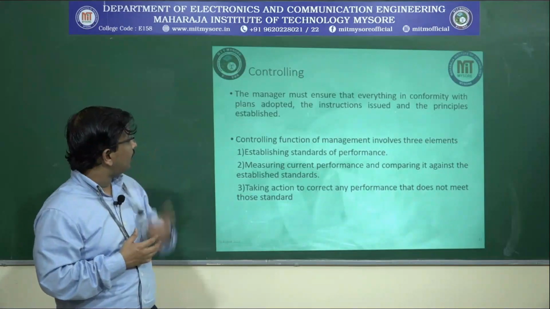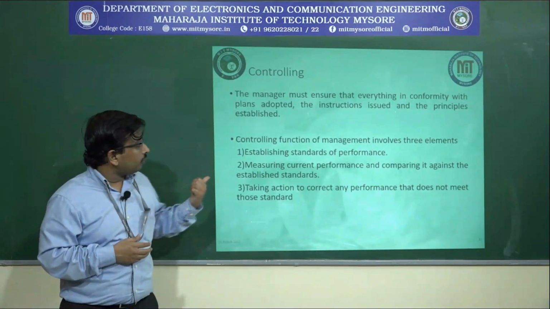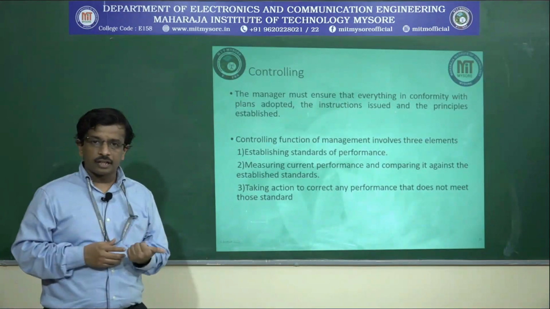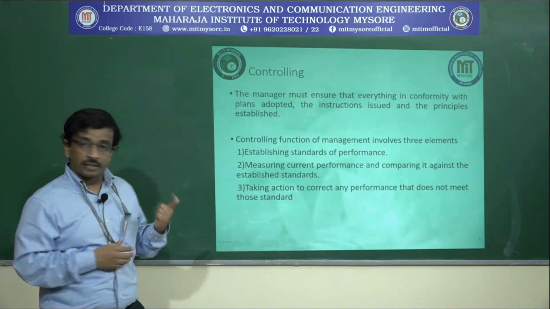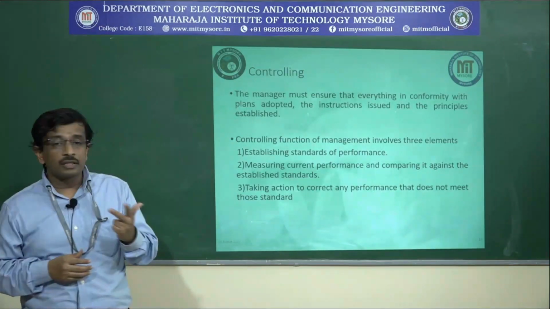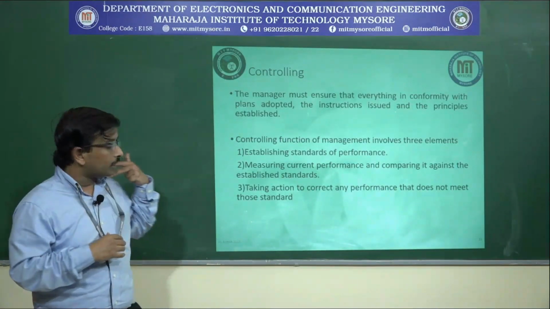The controlling function of management involves three elements: establishing standards of performance, measuring current performance and comparing it against the established standards, and taking action to correct any performance that does not meet those standards. That involves your controlling.